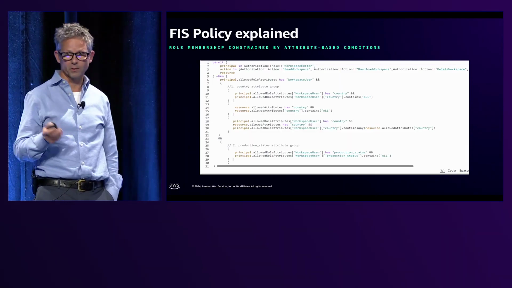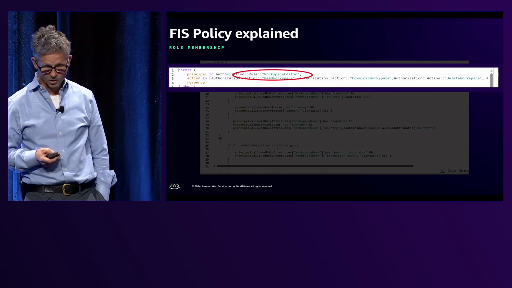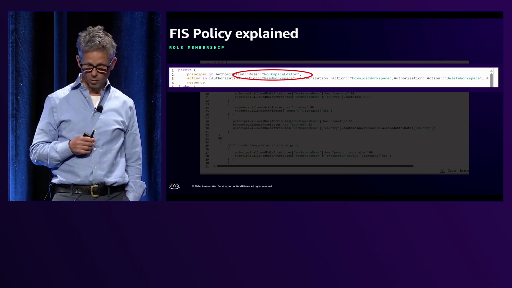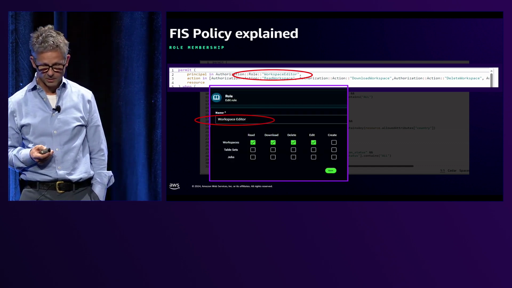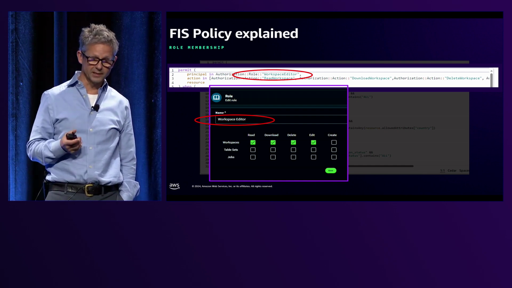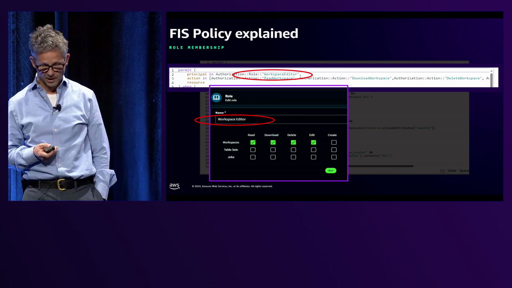And I want to highlight a couple of areas of the policy just so you understand it. You can see in the scope of the policy, we call out the role, in this case, workspace editor. If you remember, when Anna was in the admin console, she created a role called workspace editor for which this policy applies.